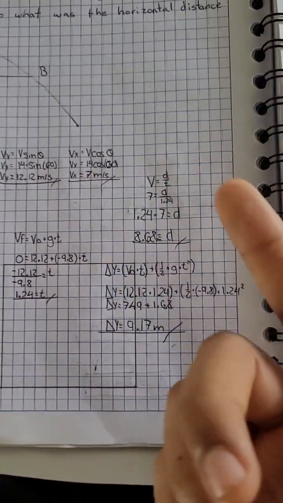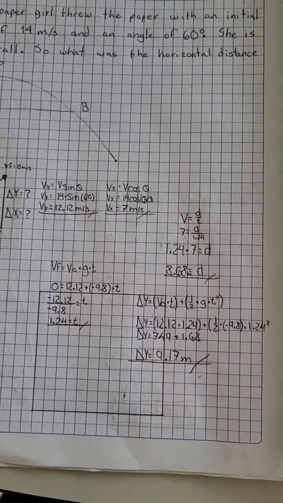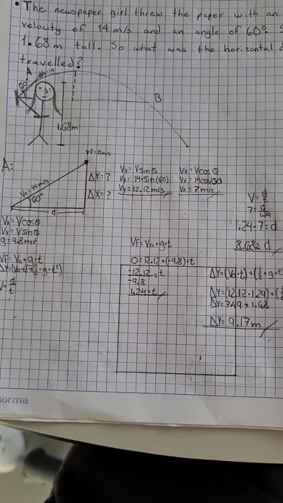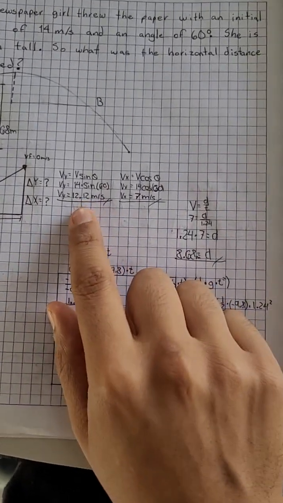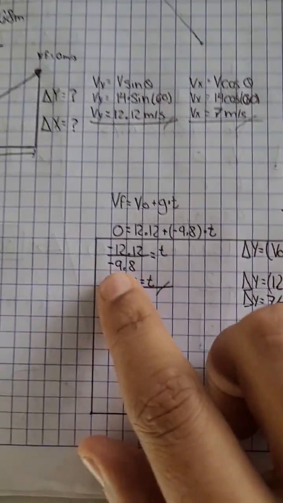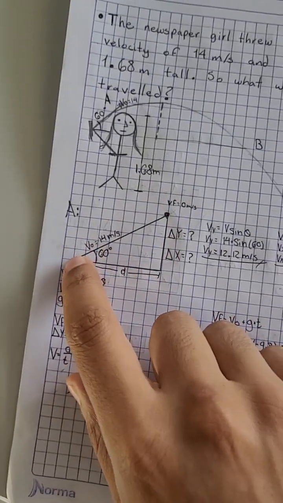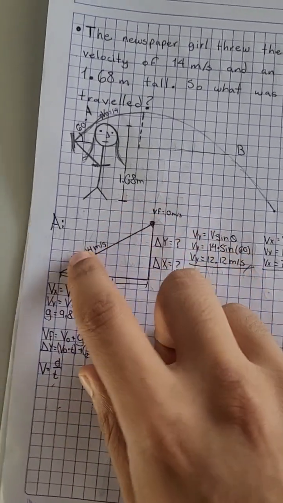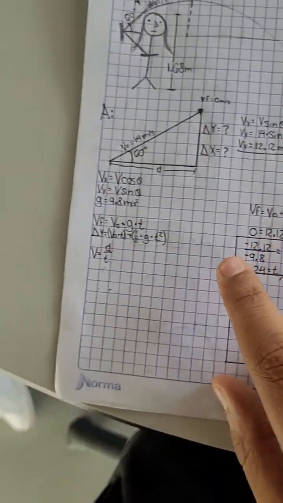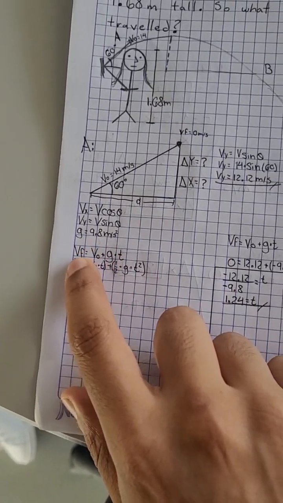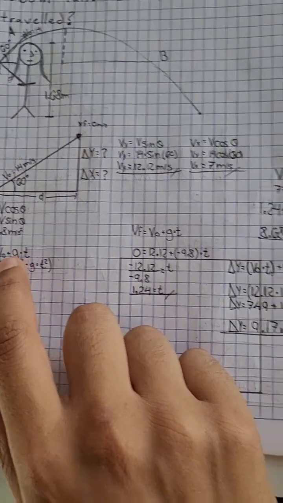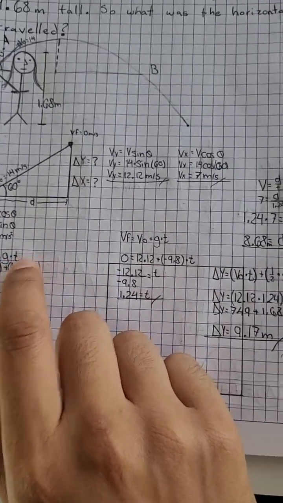So now that we have these two initial velocities, we first use the 12.12 meters per second so we can get the time the newspaper takes to travel from here to here. We have this formula: final velocity is equal to initial velocity plus gravity times time.